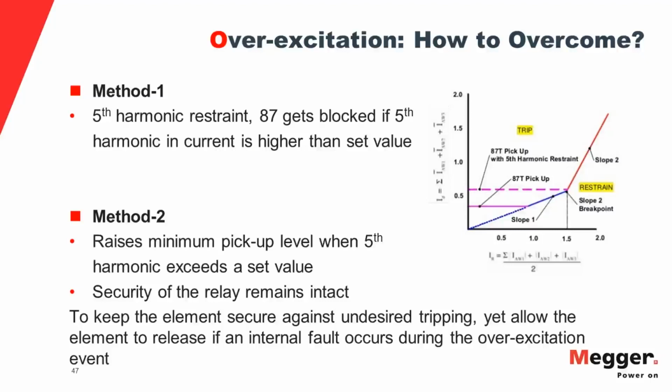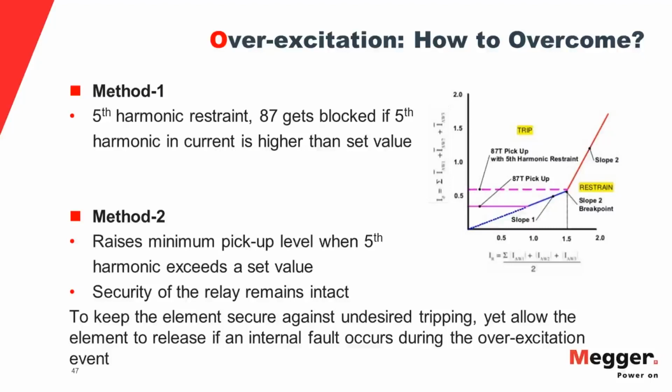So you have an internal fault, but the differential relay is restrained, which should not happen. So what many relay designers do is raise the minimum pickup level in the percentage restraint characteristic whenever they see a fifth harmonic current going beyond a certain value. With this kind of method, the security of the relay is intact.